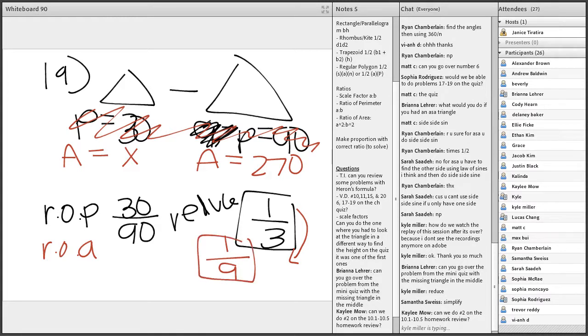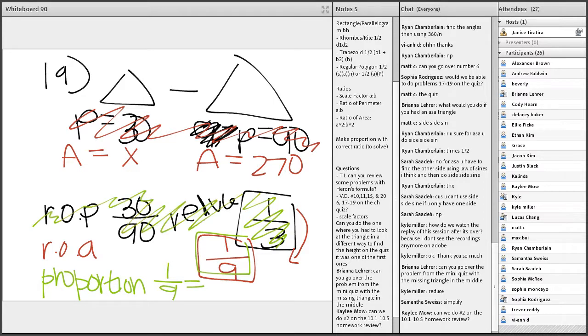So lastly, we're going to make a proportion. With our proportion, we must use 1 to 9 because that's dealing with area. So 1 over 3 we're not going to use anymore, 30 over 90 we're not going to use anymore. It's done. That was just to get 1 over 9.